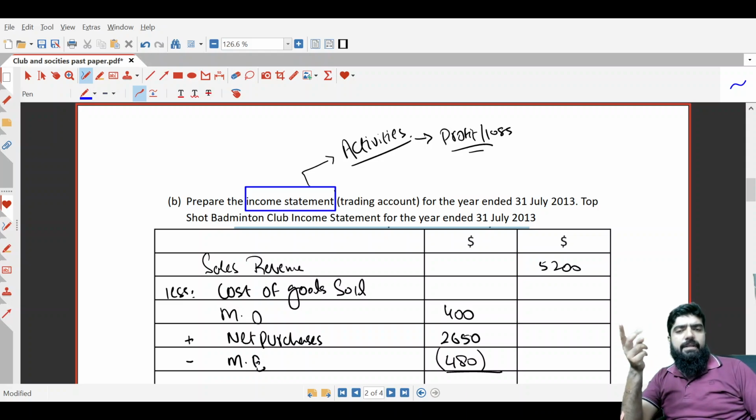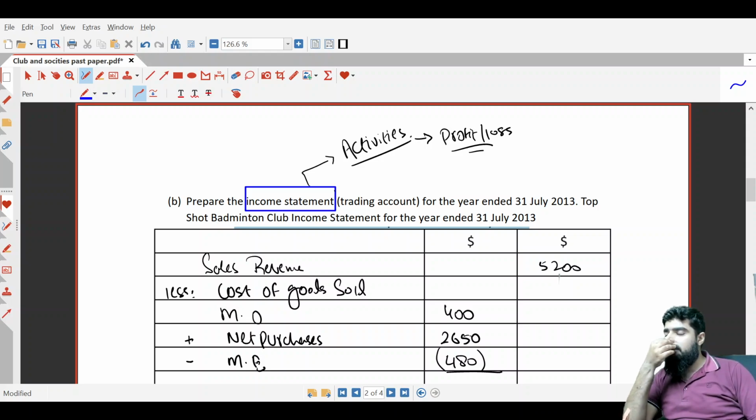Number one, the receipts and payment, which we practiced in the last class; second, the income and expenditure account, which we practiced here; and the statement of financial position, which we also practiced in this question. Any other problem in this chapter? No, even the SRP seems easy. Yes, it's easy. It's not a big deal.